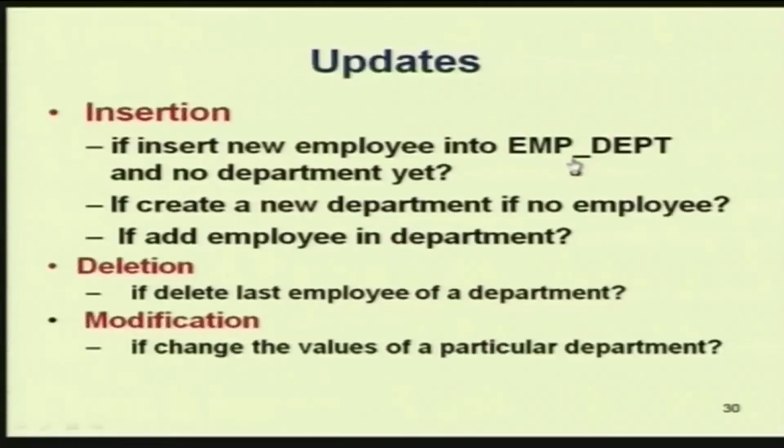If you insert a new employee into employee department and there is no department yet, what will happen? If you create a new department with no employee, what will happen? This is similar to what we saw for project. If you delete the last employee of a department, what happens? And if you change the values of a particular department, we have discussed these issues.